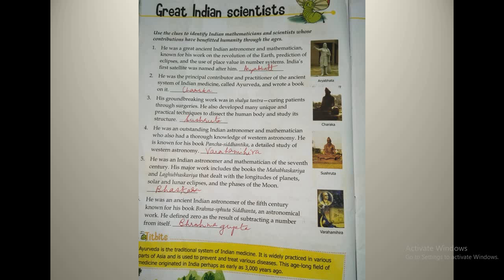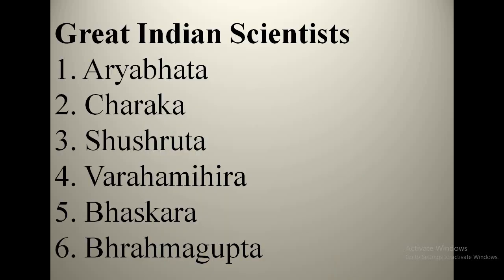This age-long field of medicine originated in India perhaps as early as 3000 years ago. 3000 years ago Ayurveda was there in India and we are using it since 3000 years, right. If the answers are not very clear on this page, I have already given them here, right.